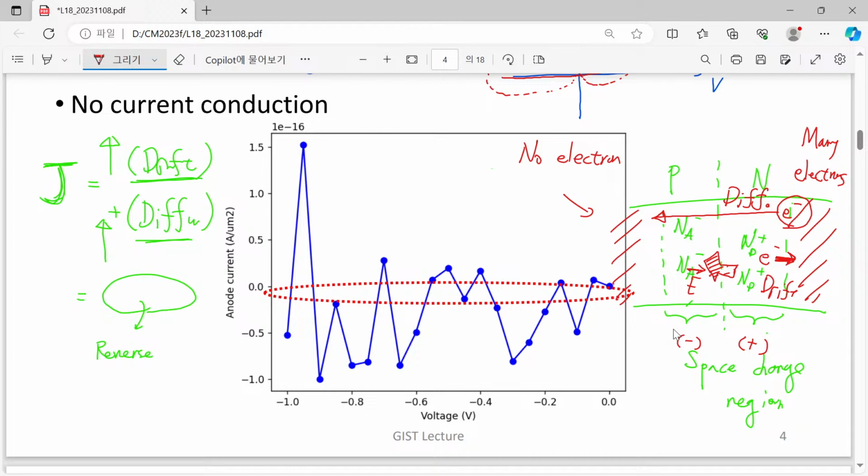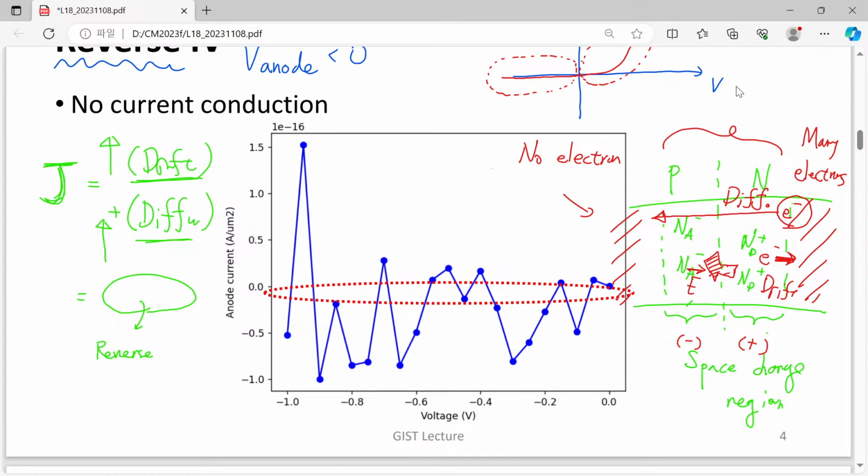So in this PN junction or depletion layer, there is quite a high diffusion current and also quite a high drift component, and they are balanced almost perfectly. Especially in the case of reverse bias, their magnitudes are almost the same, and a slight imbalance between them makes this small current.